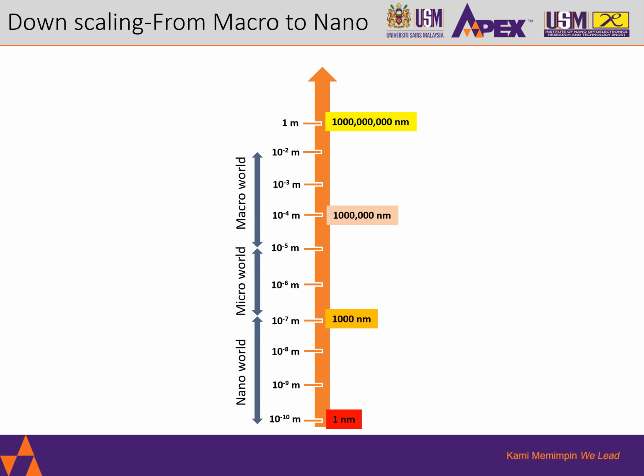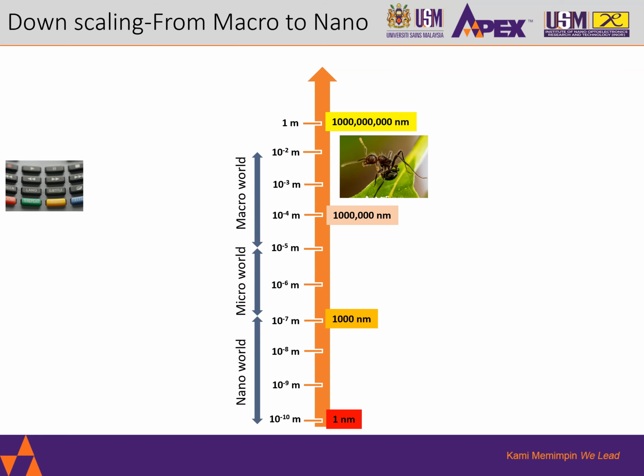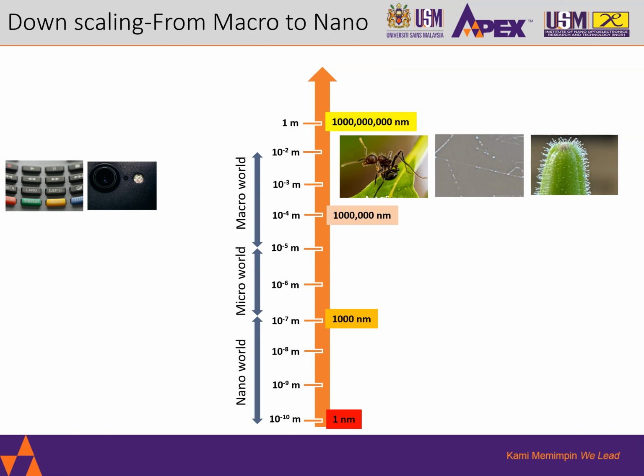But we want to go to smaller scales, which begin with the macro world, which is more than 1 million nanometers. If you can imagine, in this macro world, it is roughly the size of a letter on your TV remote, the size of an ant, the aperture in your smartphone camera, a spider silk, and this is a bristle on the tip of a lady finger or okra.